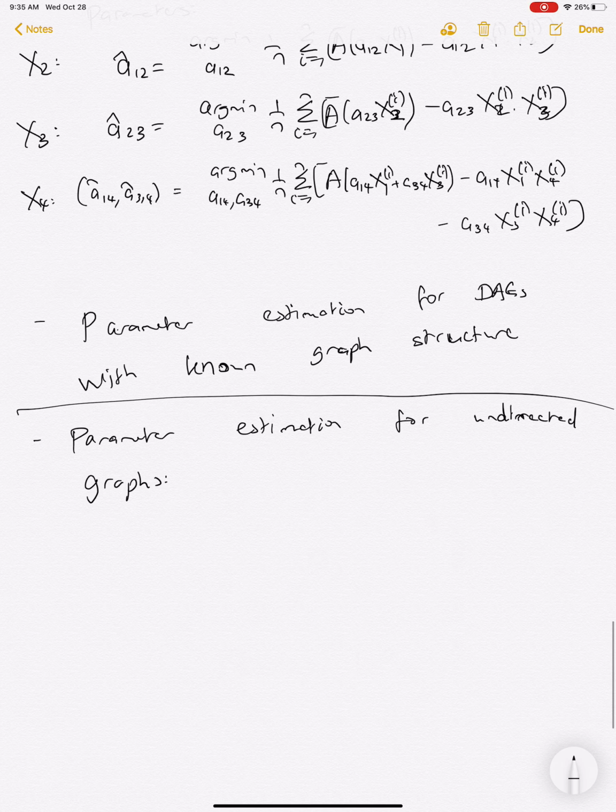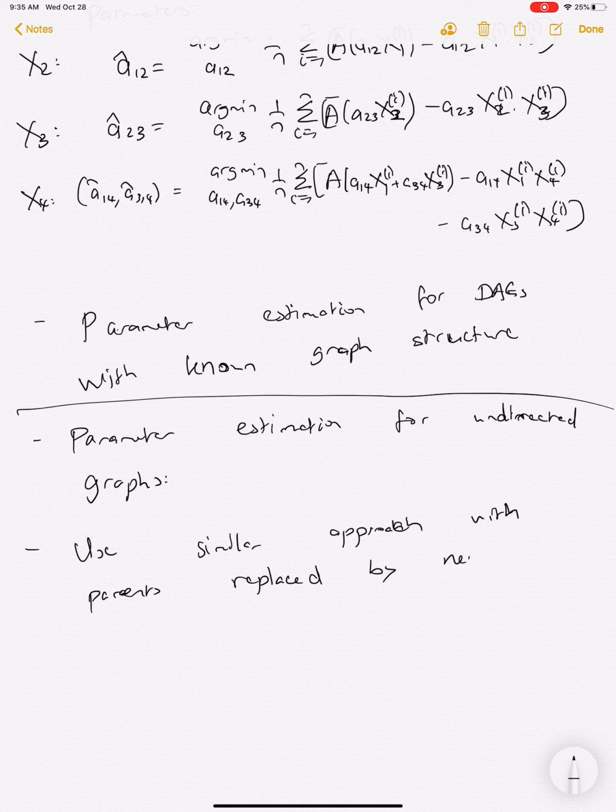Okay, and so we can use a similar approach with parents replaced by neighbors.